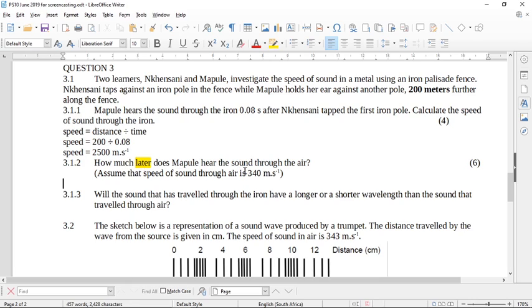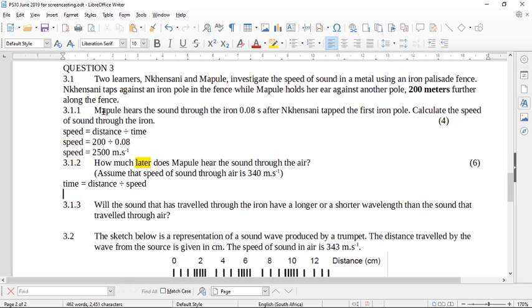So if we've got the speed of sound through air, we're still going to use our speed, distance, time formula, okay? But we're just going to rearrange it now. So time equals distance divided by speed.